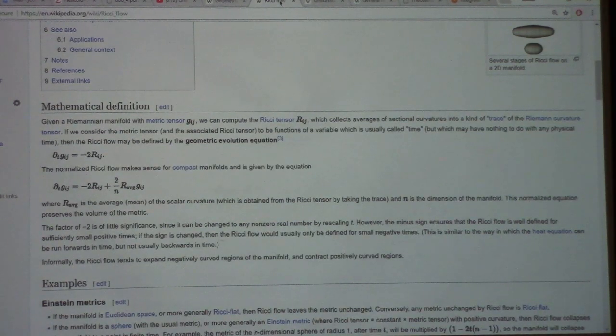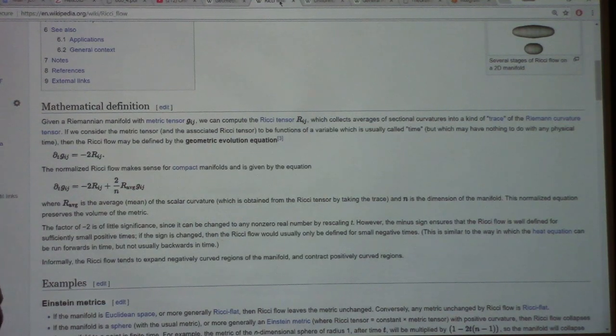You look at a manifold and a family of metrics on the manifold, and then imagine them evolving in time, although it's not really time. It's some parameter which you're toggling through different metrics. And the Ricci flow says that they should satisfy that equation, which involves some of the geometric data we've looked at.